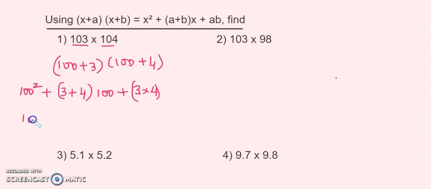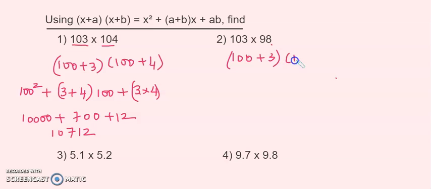Let's start. So it's 10,000 plus 7 multiplied by 100 is 700 plus 12. So we'll get 10712, right? Next, 103 and 98. 103 is 100 plus 3 and 98 is 100 minus 2.